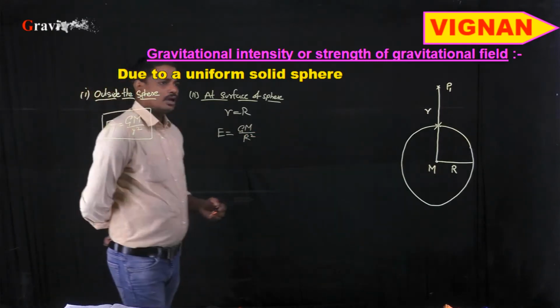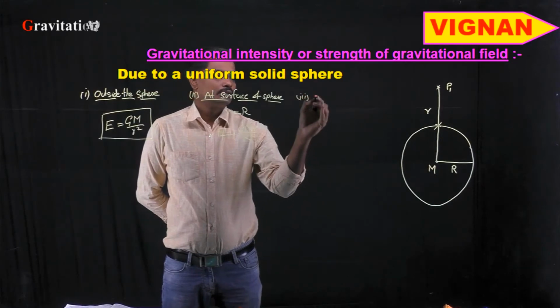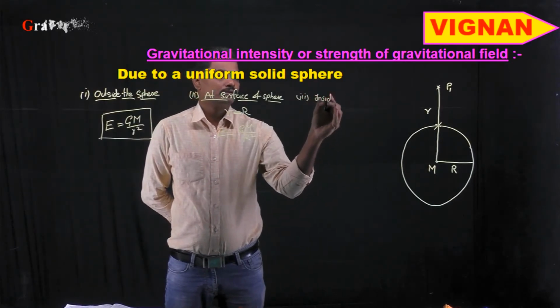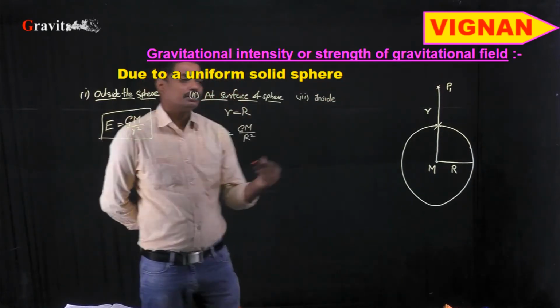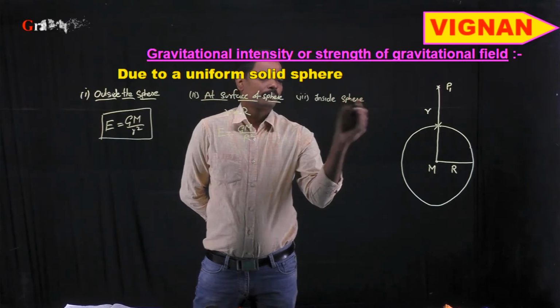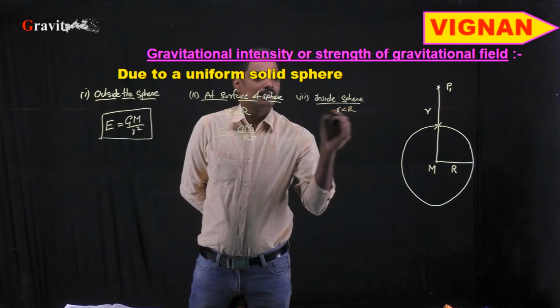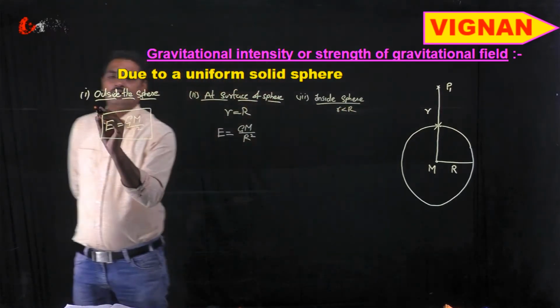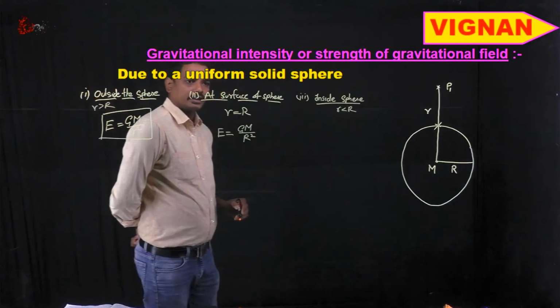Right. Now, if we consider another point inside the sphere, if we want to calculate the gravitational intensity inside the solid sphere, which means small r is less than capital R. Here, for the outside case, r was greater than capital R. Right.